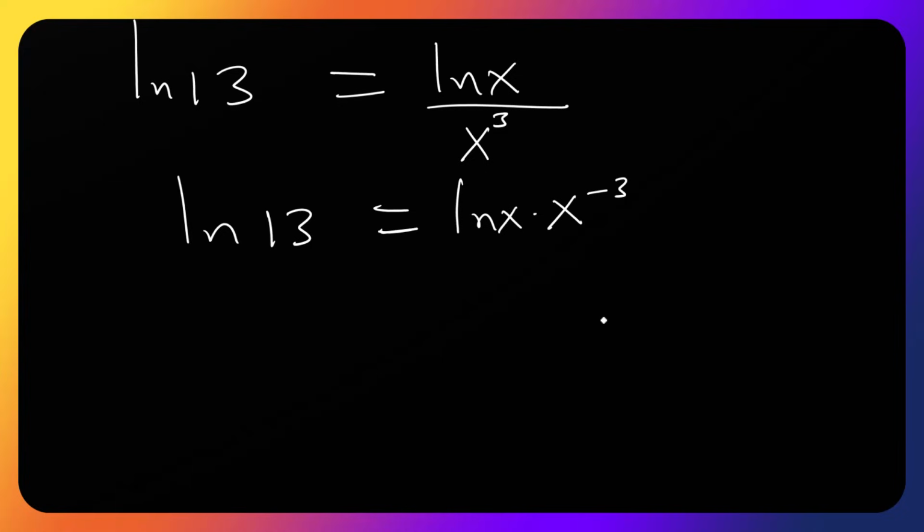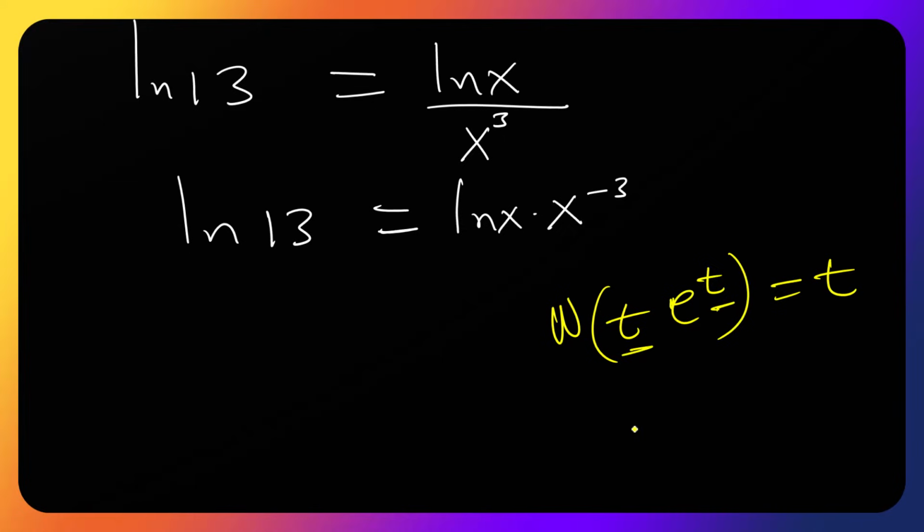Now, before we can compute this, we have to apply the Lambert W function. When we have t times e raised to t, and you take the W function of this, the answer will be t. So let's not forget this property. And also, e raised to ln of something, the result is that something.